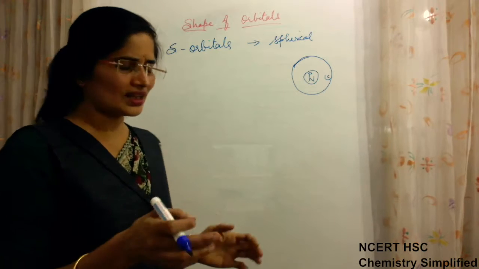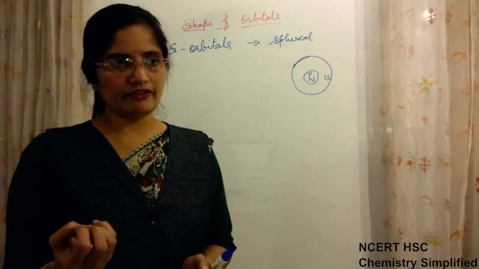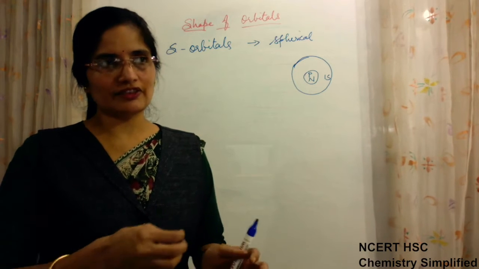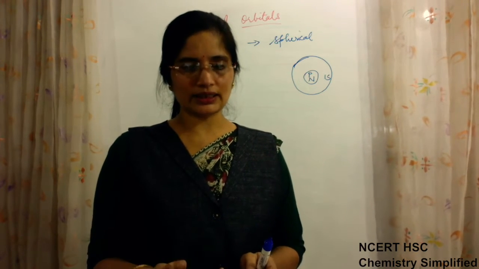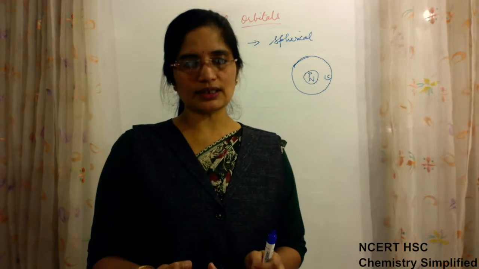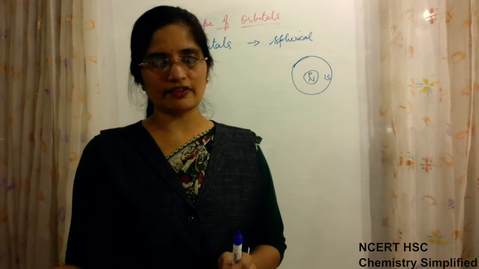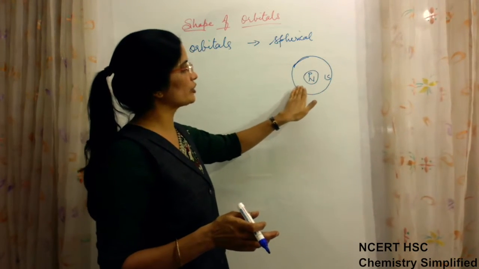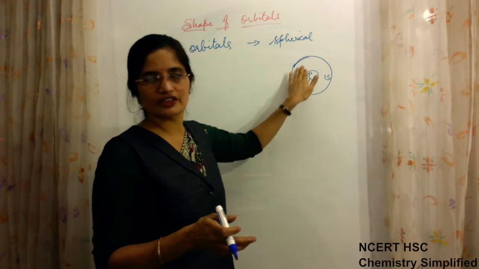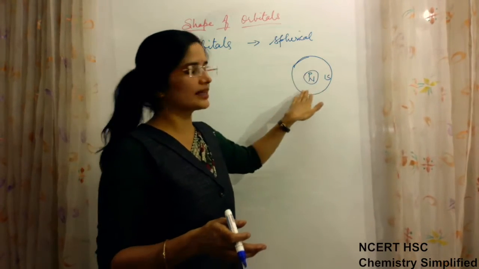You can compare it to a house with different rooms. The probability of finding mother is mostly in the kitchen, but it is not that she cannot be somewhere else. Same here: the probability of finding the electron is in this area which we have drawn. These are the spaces where it can be present.